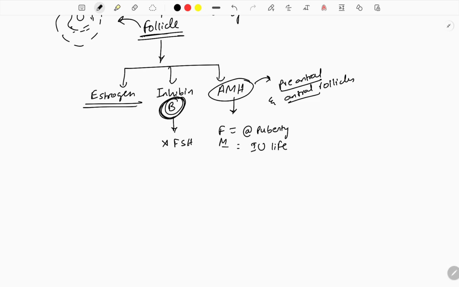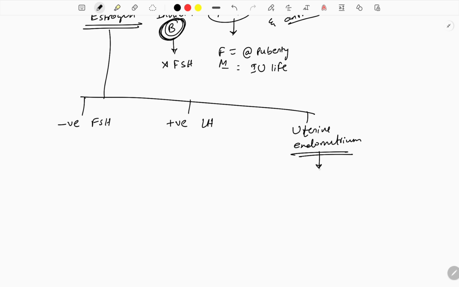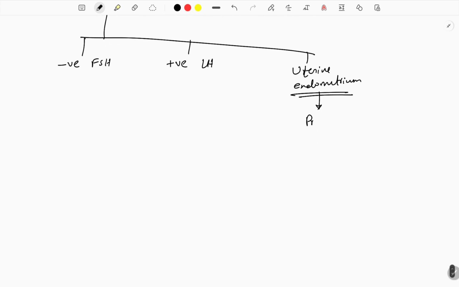Now what does this estrogen do? It has three functions. First, it has negative feedback on FSH, it has positive feedback on LH, and it also acts on uterine endometrium. What it does by acting on uterine endometrium is it proliferates the endometrium.